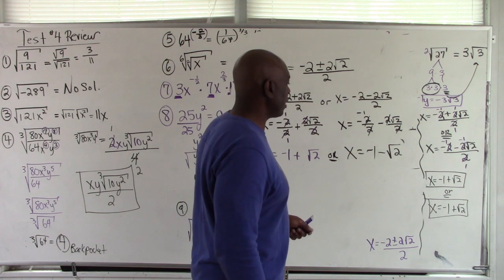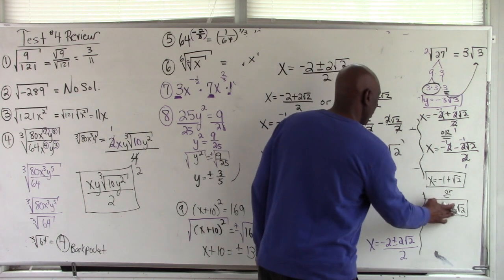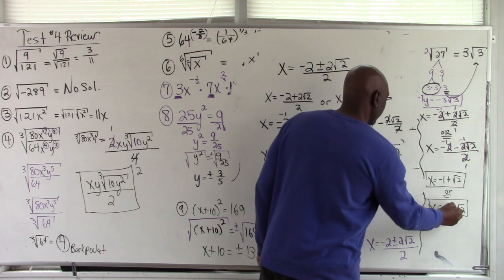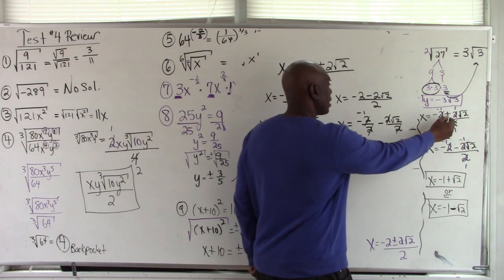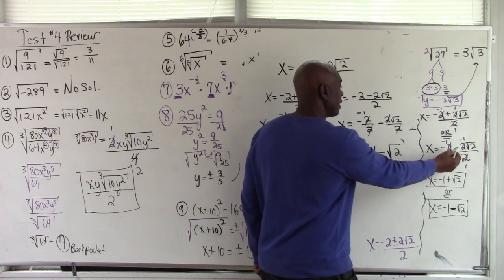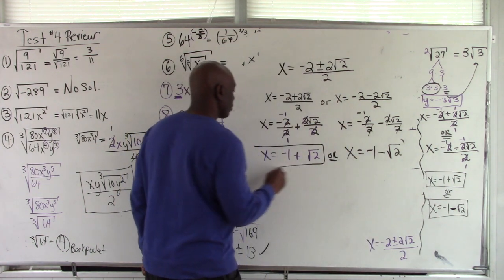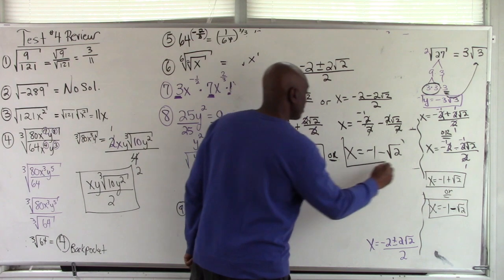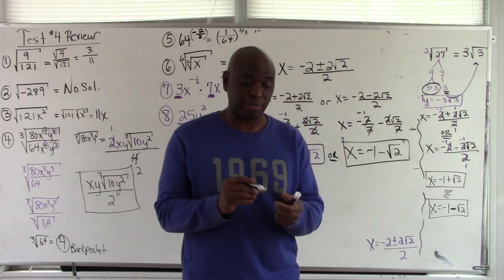One of these should be minus. Both of them shouldn't be plus. One's plus, this one, and one's minus, that one. So one's positive root 2, and the other one is negative root 2. So there are two solutions on that.